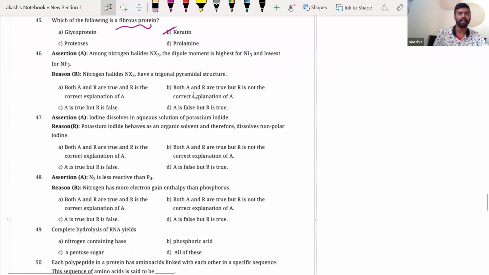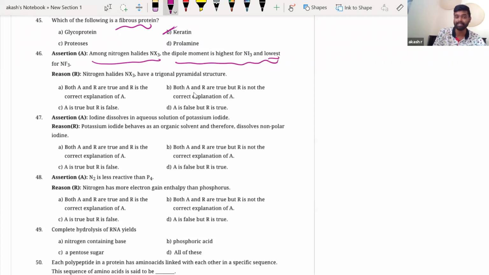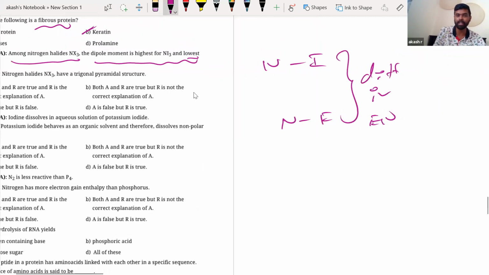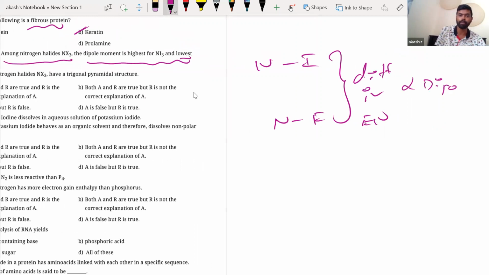Okay, next. Assertion reason. Among the nitrogen halides NX3, the dipole moment is highest for NI3 and lowest for NF3. Yes, absolutely. Now you see, I have N-I bond, I have N-F bond. It is all about difference in electronegativity. More difference in electronegativity, more dipole moment.